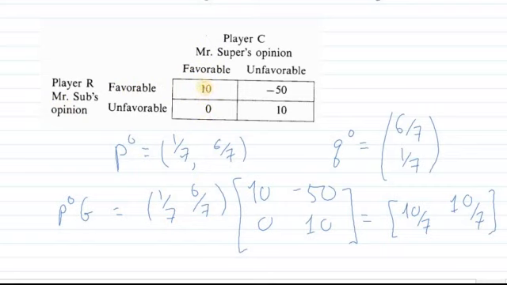So 1/7 of the time he's going to win 10, 6/7 of the time he's going to win 0. If you work out the computation of this 10/7 here, this 10/7 is 1/7 times 10 plus 6/7 times 0. Okay? So in fact this 10/7 is going to be in the long run his average winnings if Mr. Super always chooses favorable. Right?